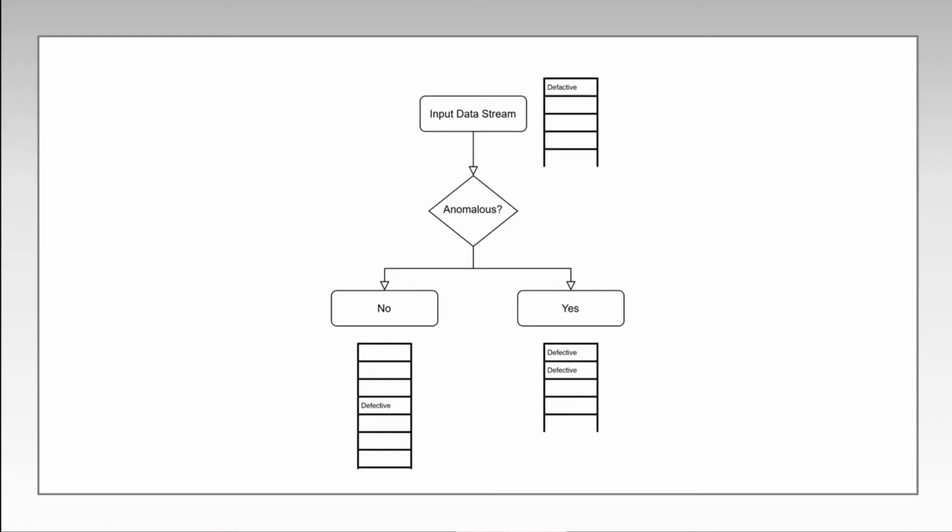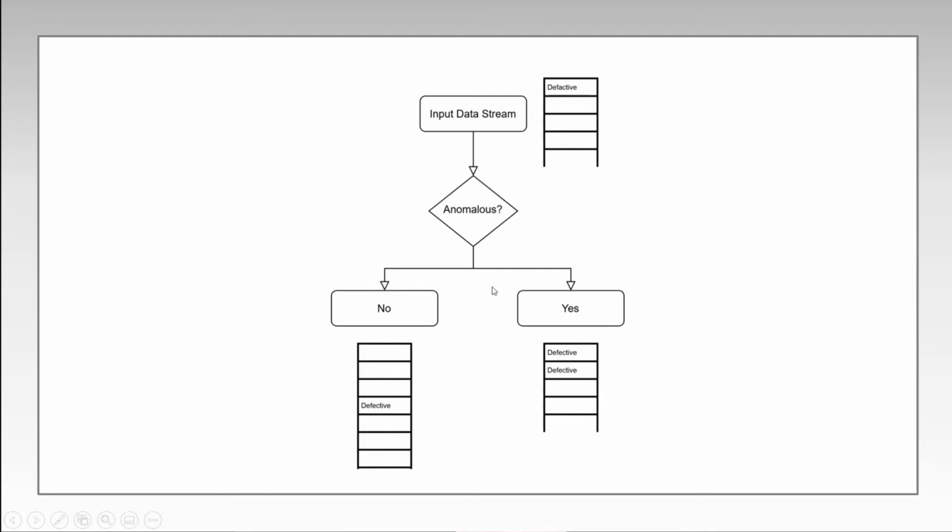So at the end of the day, what we're trying to do is you have a stream of data, right? That includes the defective ones and the blank ones here. That means it's good data. These are defective data. You pass this here, and you decide, is this data anomalous or not, right? Of course, there are instances where most of the time you would detect that it's not anomalous. And of course, if you detect it, you can identify.